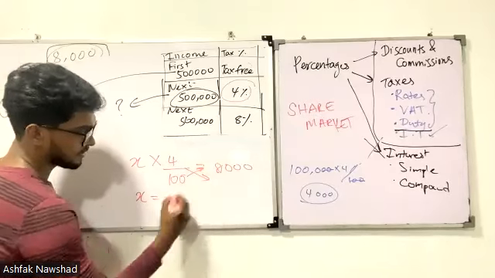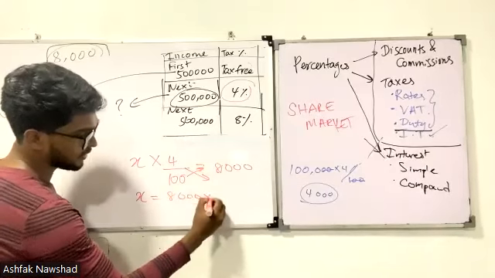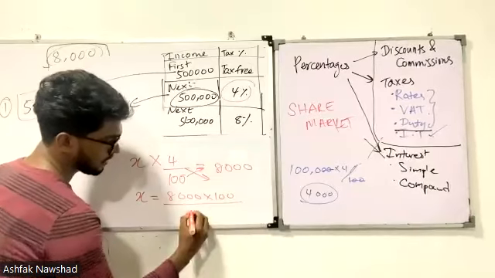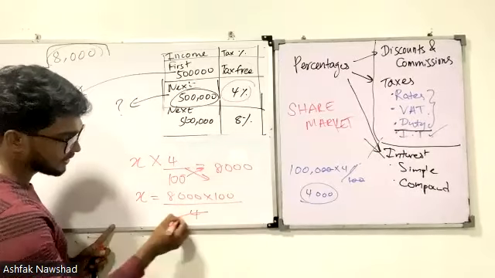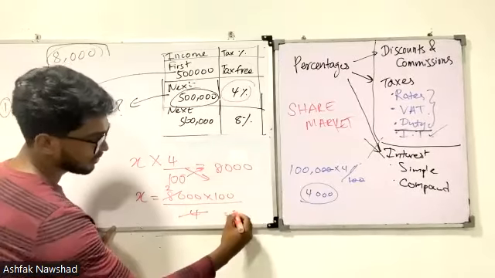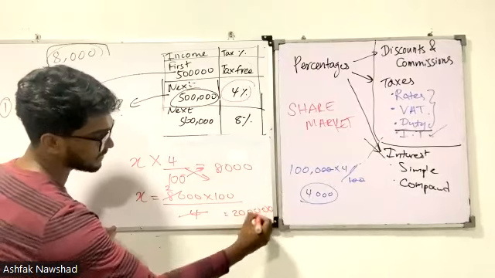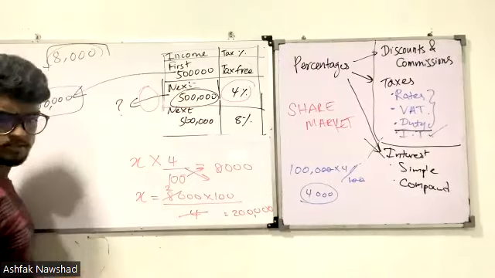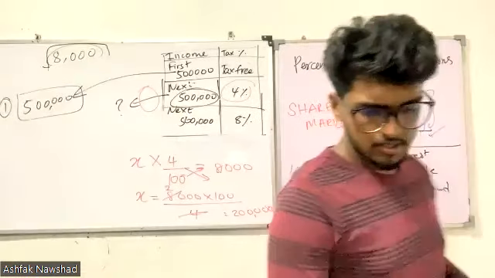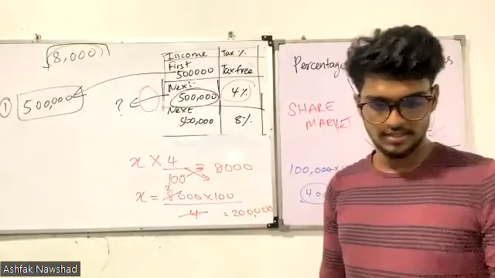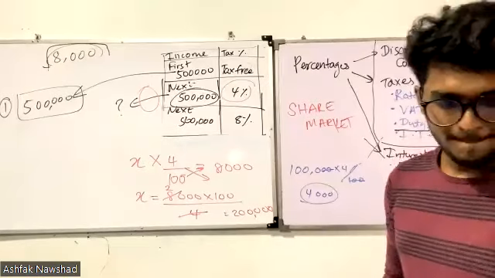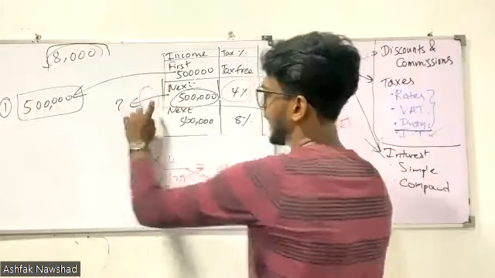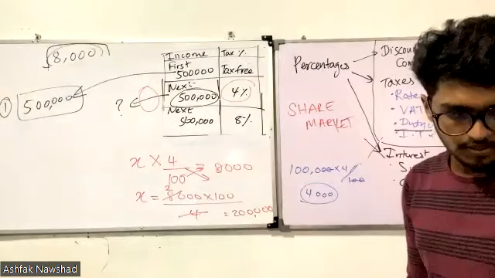Cross multiply this: 8,000 into 100 divided by 4. So the final answer will be 200,000. This is his extra income here. Right? Yeah, it's simple. He already earns 500,000, and we also found his extra income here.